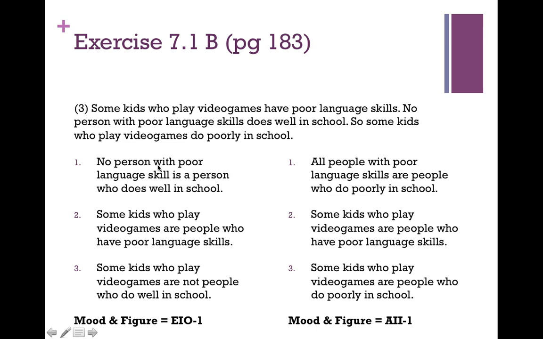We found the obverse of the conclusion, and that allowed us to change the major term so that it matched the major term in the major premise, or we found the obverse of the major premise, and that enabled the major terms to match in both cases. So that one was a little tricky. If you didn't get it, don't beat yourself up over it. That was hard. If you did get it, you deserve a pat on the back.